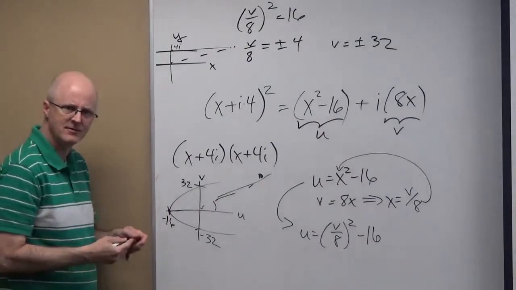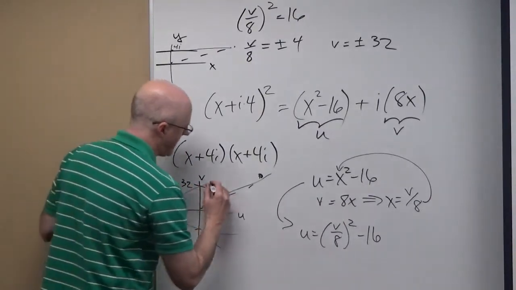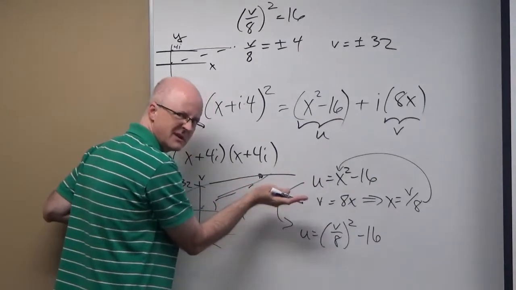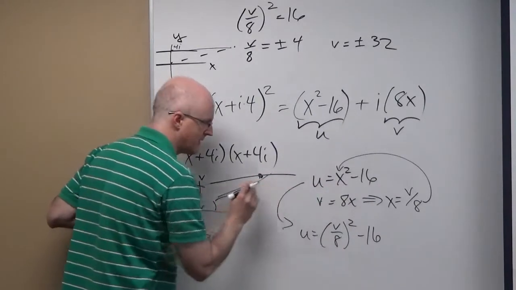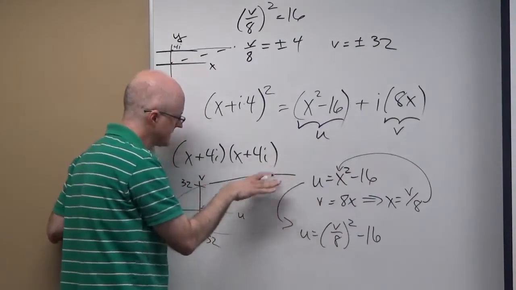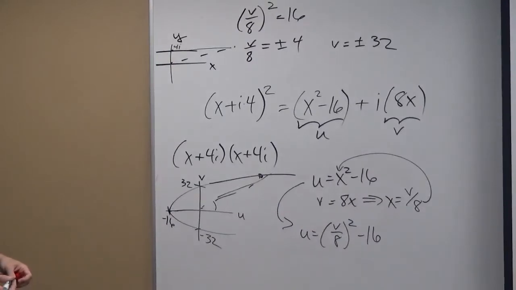Parabolas don't have slant asymptotes. The argument of points on this graph does get arbitrarily small, so to speak. The further you go along that branch, there's no slant asymptotes or anything like that for parabolas. There are for hyperbolas, but not for parabolas.